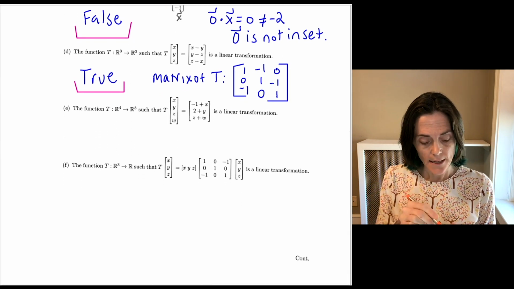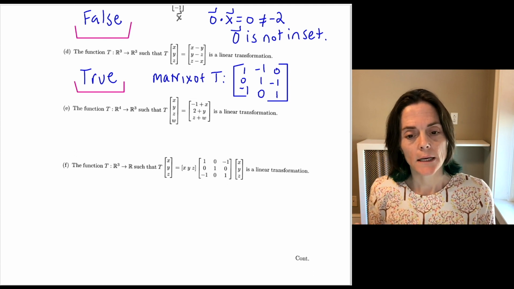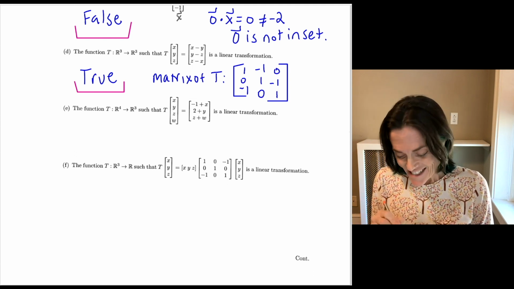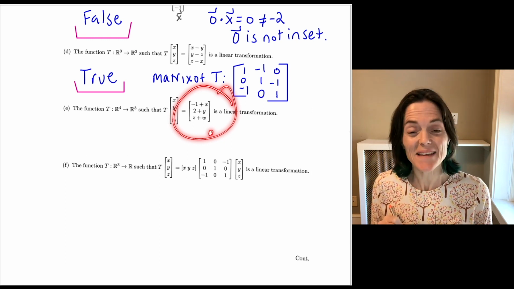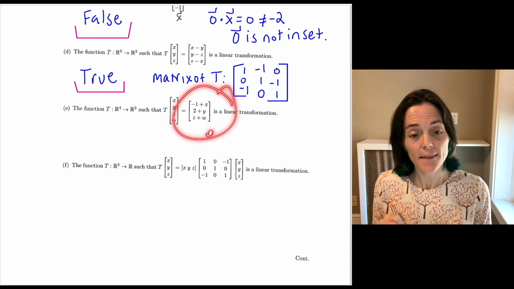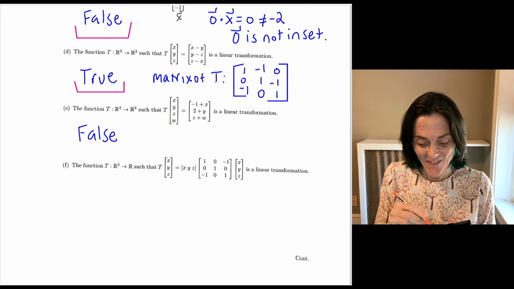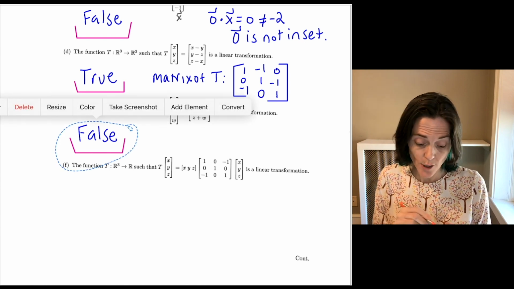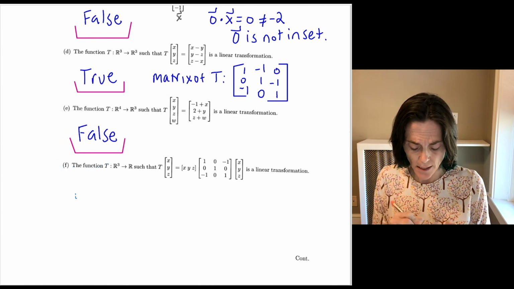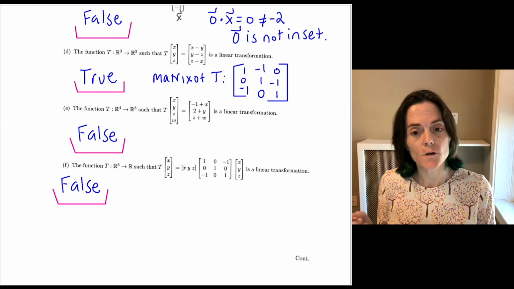Letter E. Now we have a function from R4 to R3, and here is the formula. The statement is this is a linear transformation, and then we decide true or false. This is false. And we will also see the last one will be false. Two different functions. We're trying to determine if they are linear transformations. Let's justify the first one.